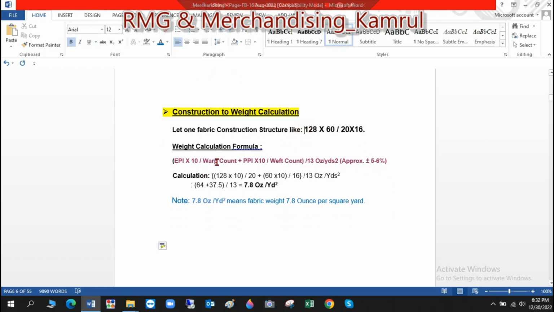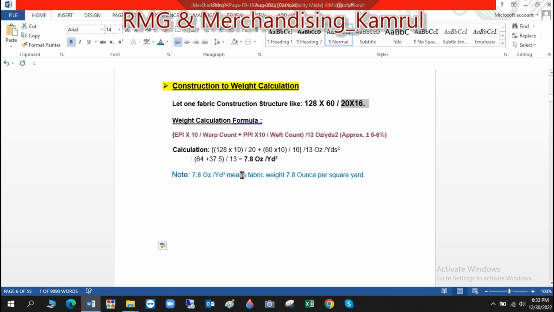EPI multiplied by 10, EPI we already know is 128 here, multiplied by 10, divided by warp count. Warp count is this 20. Then plus PPI multiplied by 10, divided by weft count, I mean divided by 16, and this result divided by 13, and this 13 is a constant. We just put the values in: 128 into 10 divided by 20, plus 60 into 10 divided by 16, then divide by 13, and the result is 7.8 ounces per square yard.